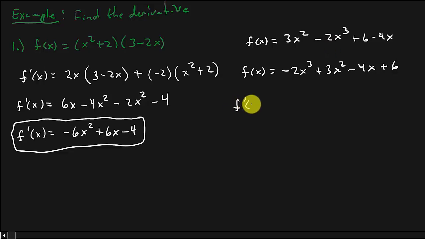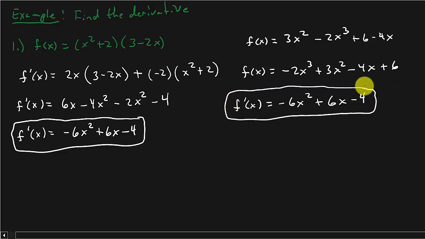So I get f prime of x is equal to, so what's the derivative of this? Negative 6x squared plus the derivative of this, 6x, and then the derivative of this is minus 4, derivative of 6 is 0, and you can see you get the same answer either way.